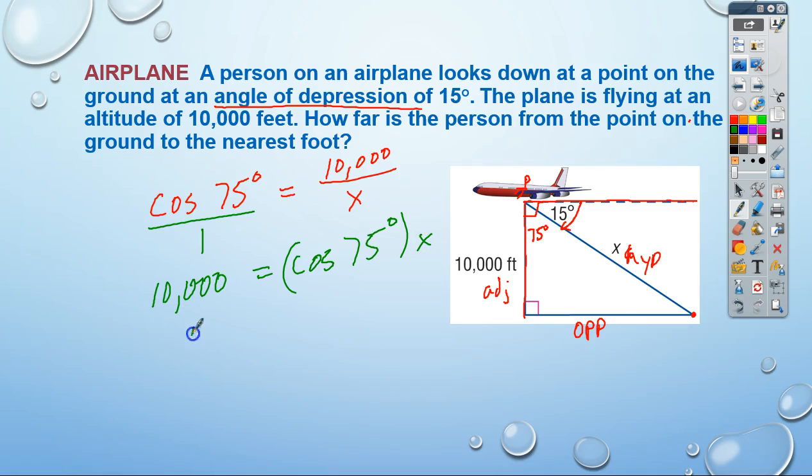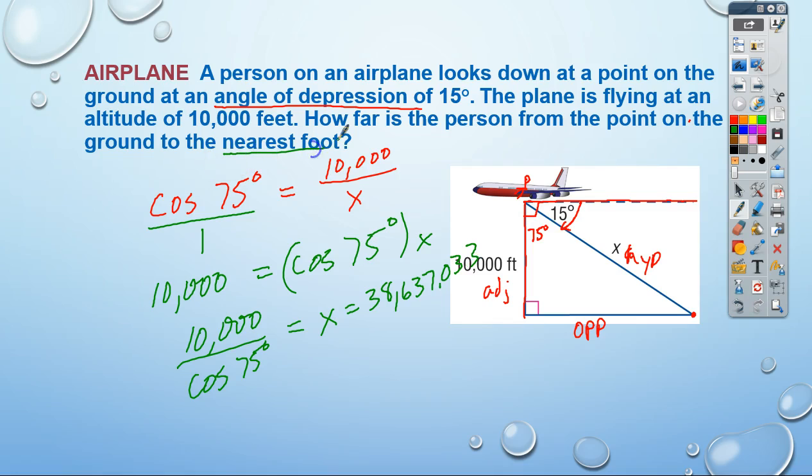Divide by cosine of 75. 10,000 over cosine of 75 degrees is equal to x. I get my handy dandy calculator, and it's going to say 38,637.033 feet. But they want it to the nearest foot, so it's just going to be 38,637 feet. All right, and we're going to go ahead and see what's next.